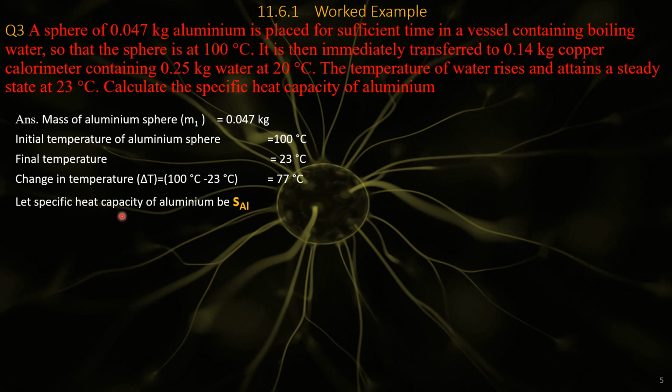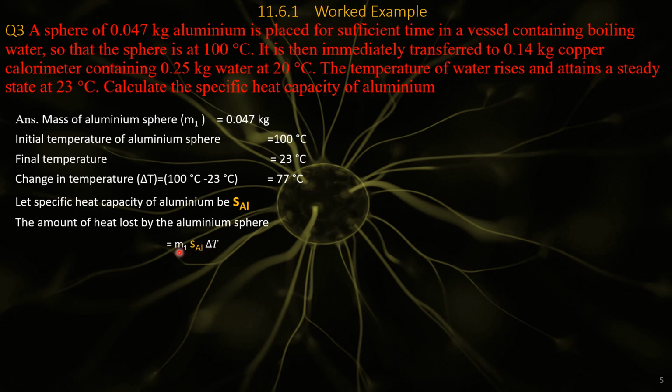Let the specific heat capacity of aluminium be S subscript Al, that is, specific heat of aluminium is small s Al. The amount of heat lost by the aluminium sphere is mass into specific heat into change in temperature.